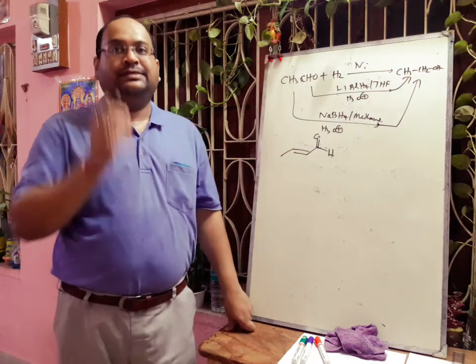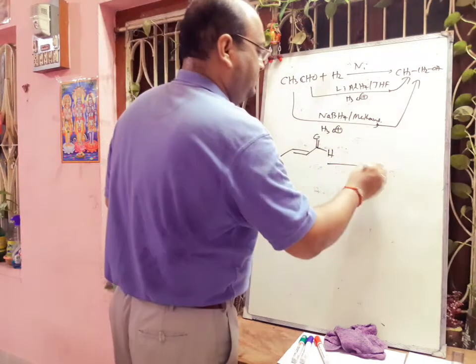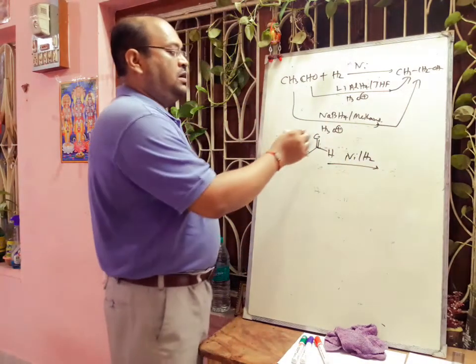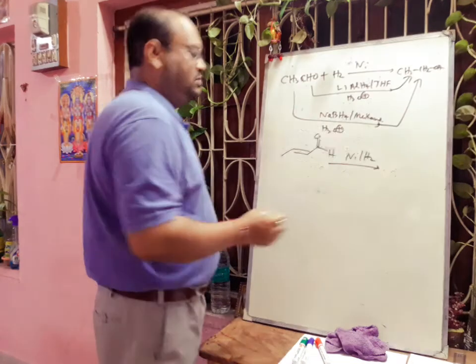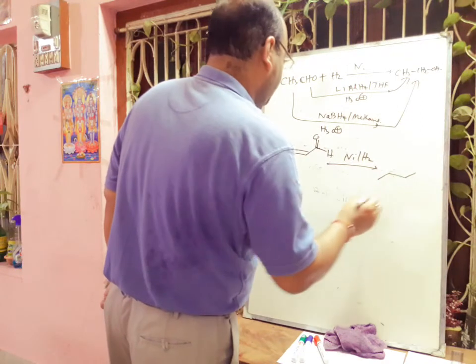In this case, if we use nickel and hydrogen, then both the carbonyl group as well as the double bond will be reduced. We will get the corresponding butanol.